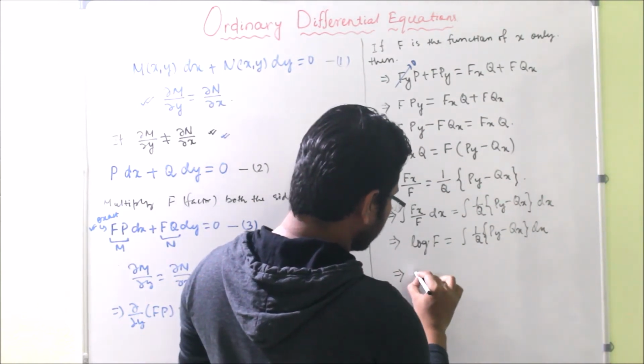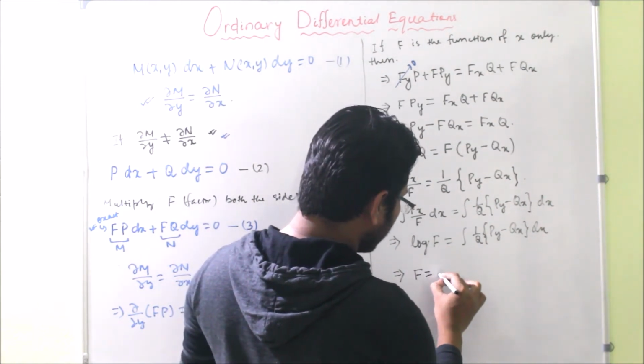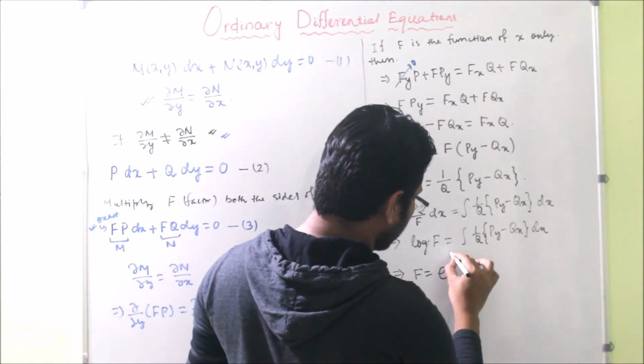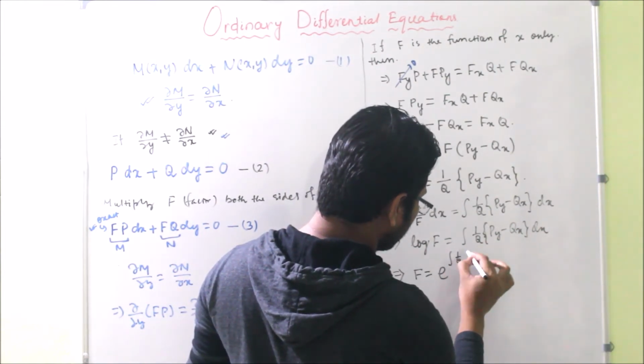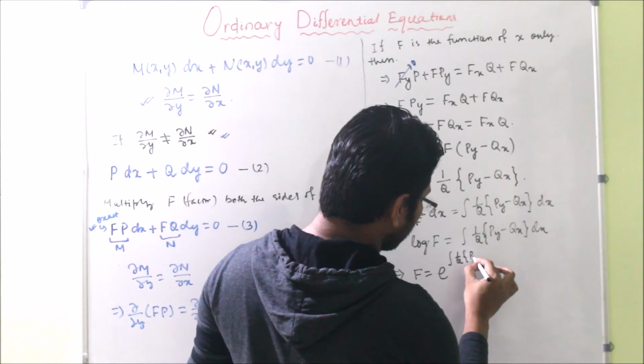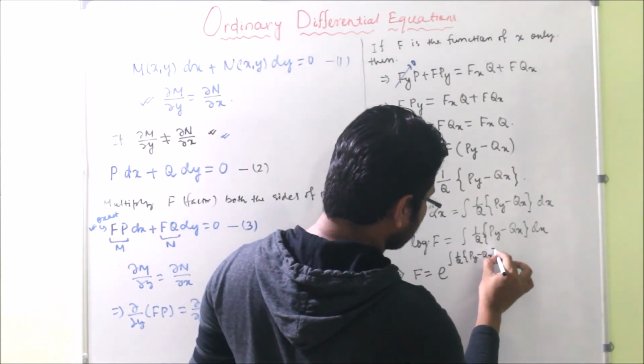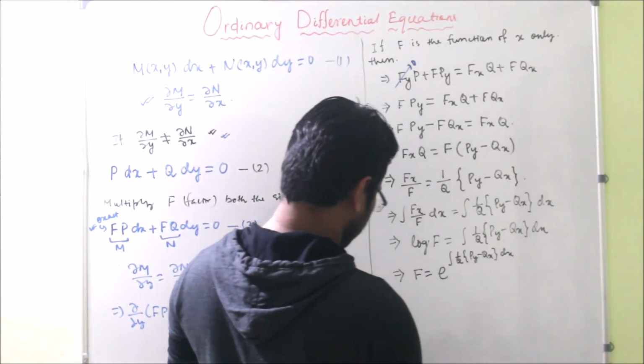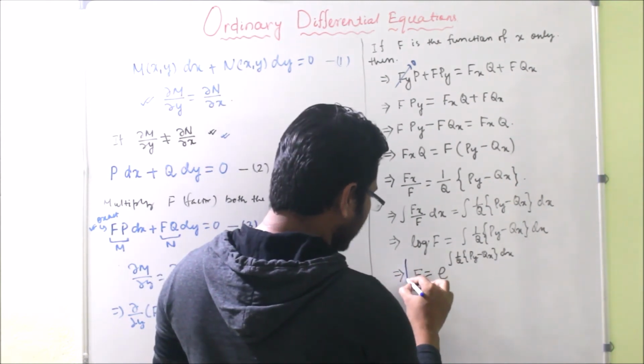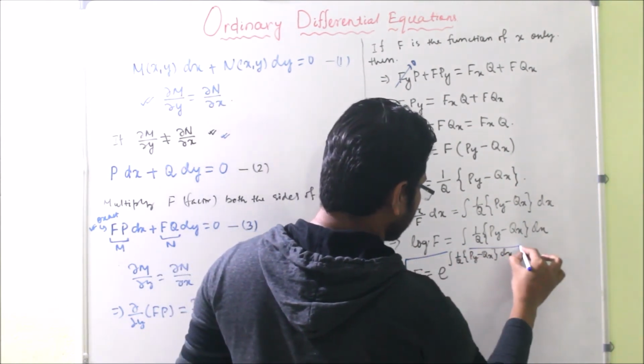I have to take exponent. So finally f will be e to the power integration of 1 by Q times (P_y minus Q_x) dx. So we will get this factor.